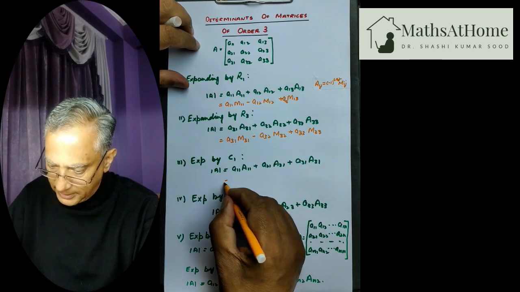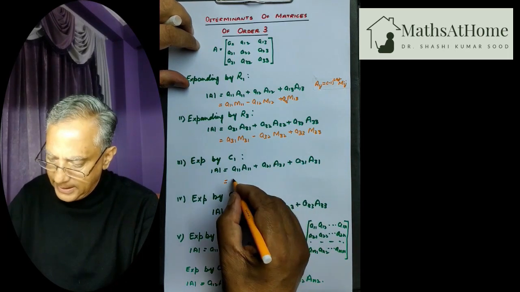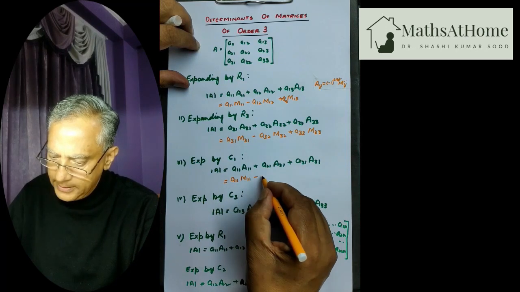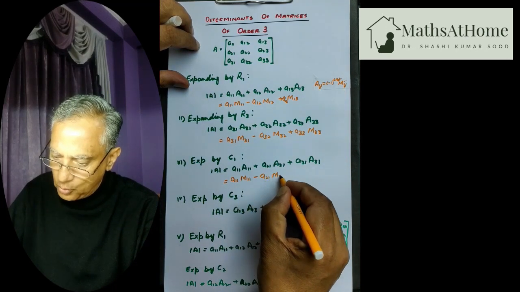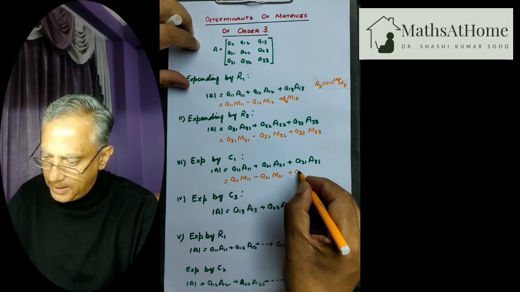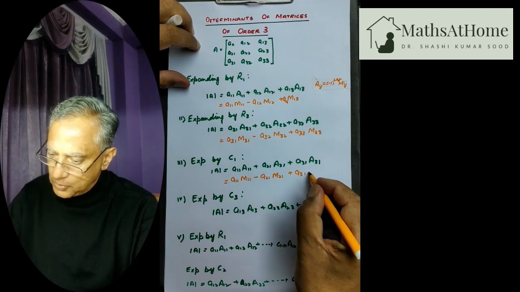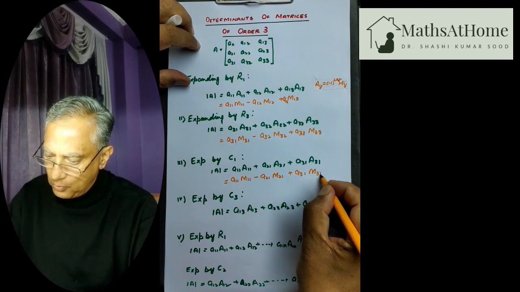And this can be written as: 1 plus 1 is again even, A11, M11. This is odd, minus A21, M21. Plus A31, but 3 plus 1 is even, so plus, M31.